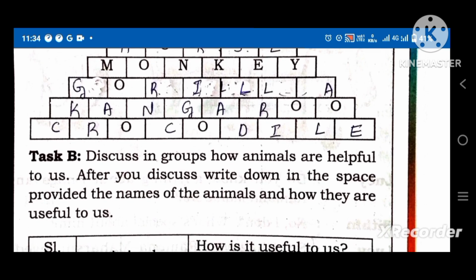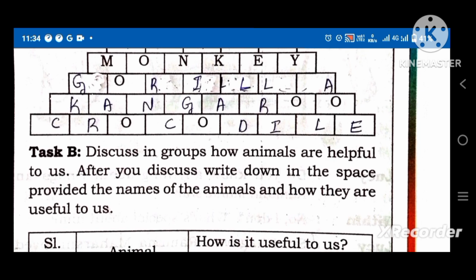Task B: Discuss in groups how animals are helpful to us.